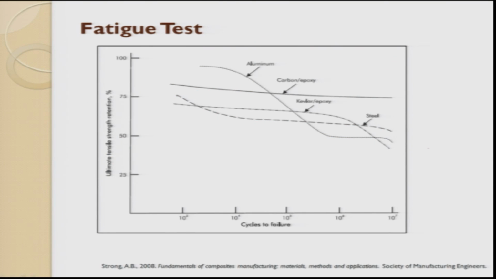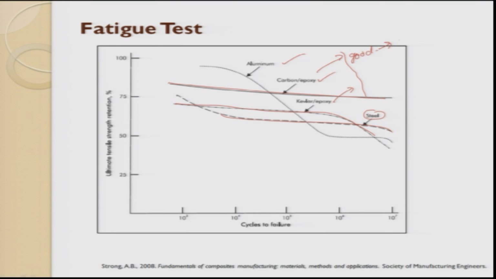If you look at the graph, you can see this is for aluminium, this is for carbon epoxy composite. You can see for Kevlar, it is also stationary for a long time. Look at steel. If you want to replace steel with Kevlar or with carbon, it is good.